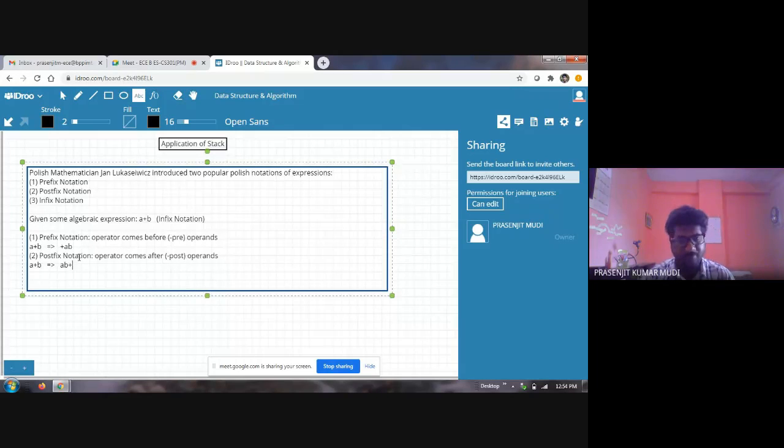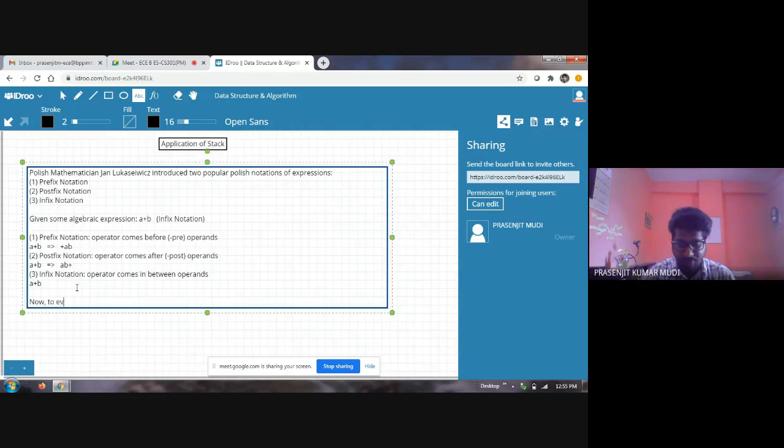And lastly, the infix notation, which we are used to: see this expression. The operator comes in between operands. For example, a plus b.